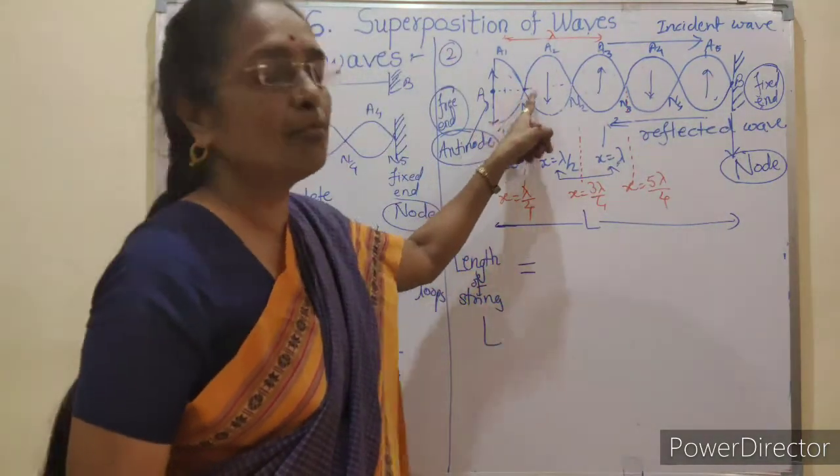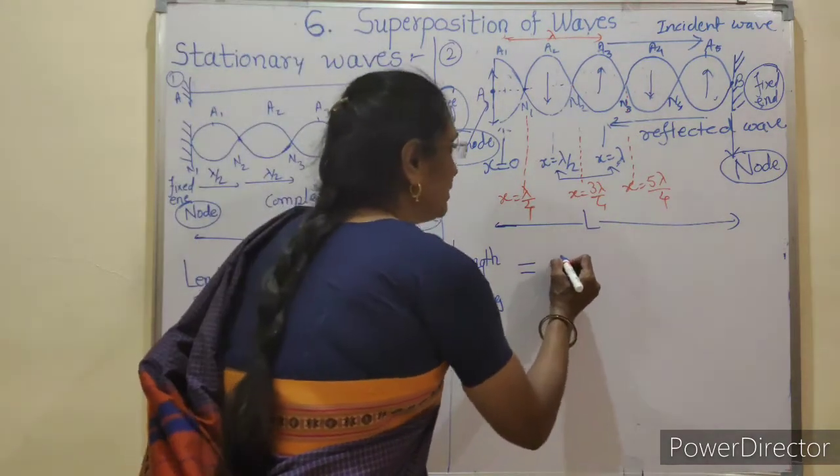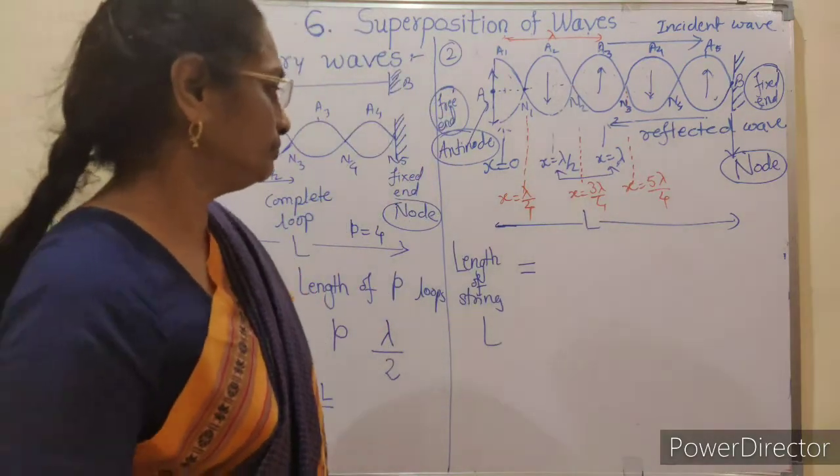Here a half loop is also there. We have to consider that loop also. So here we take the number of complete loops equal to P.